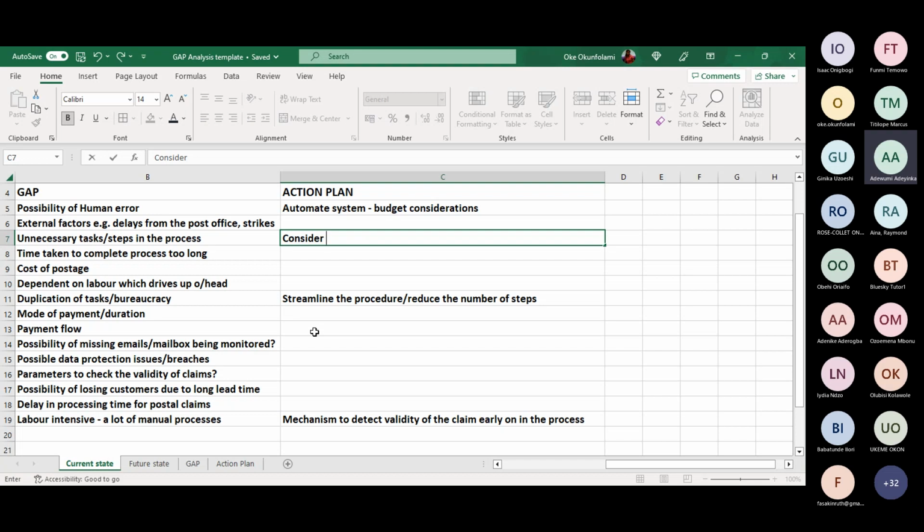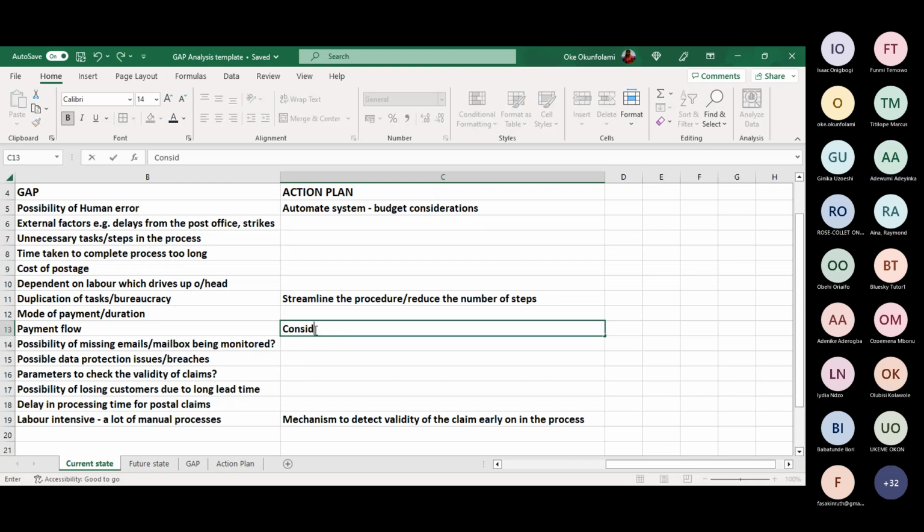To make the process a lot faster, if we employ a third-party financial organization that would enhance the payment process for them, that's taken out of their hands. That would give them a shorter period of dealing with other tasks, while the third-party organization handles all the payment process for them.